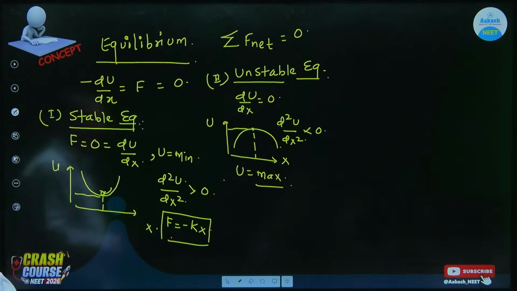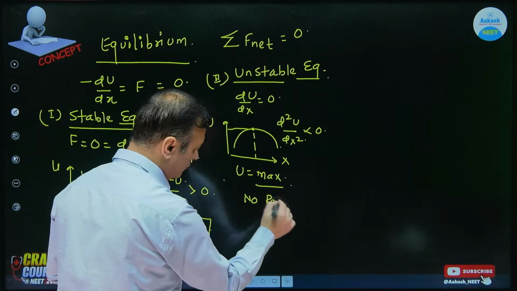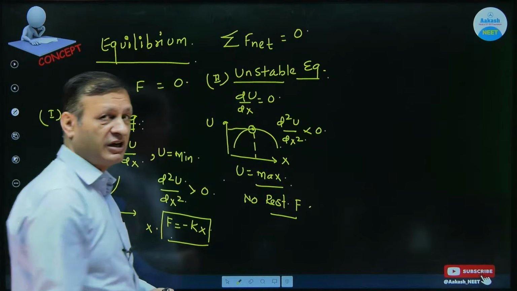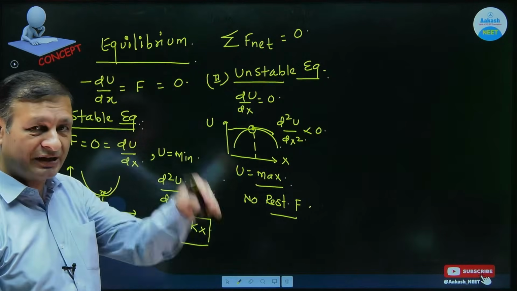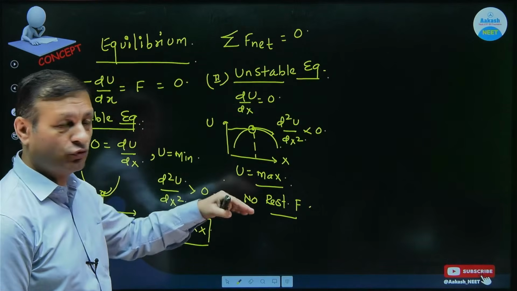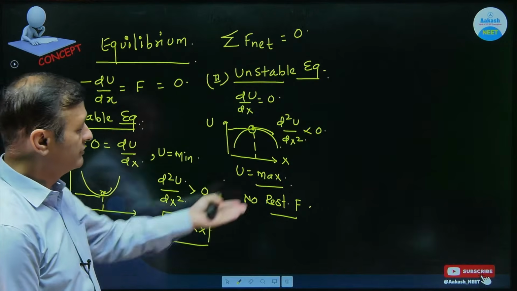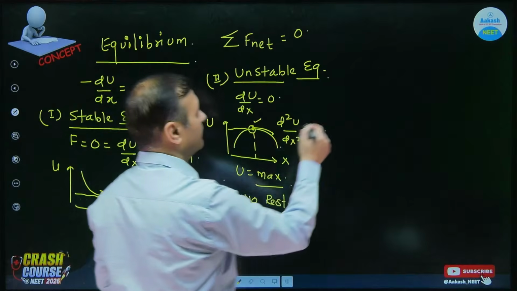Got it? And there is no restoring force. The moment you disturb the body from its unstable equilibrium position, it has a tendency to move in the direction of the force, and there is no restoring force, so the body will not regain its equilibrium position in this situation.